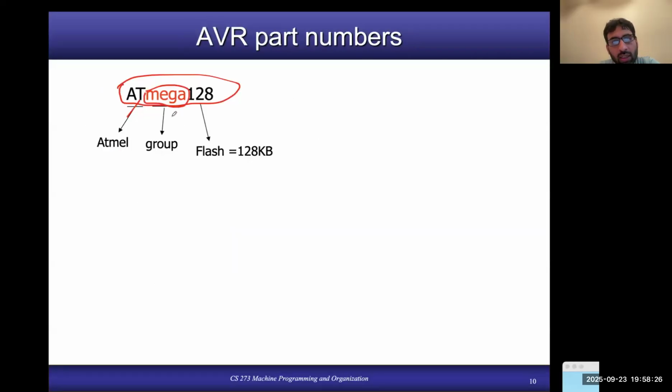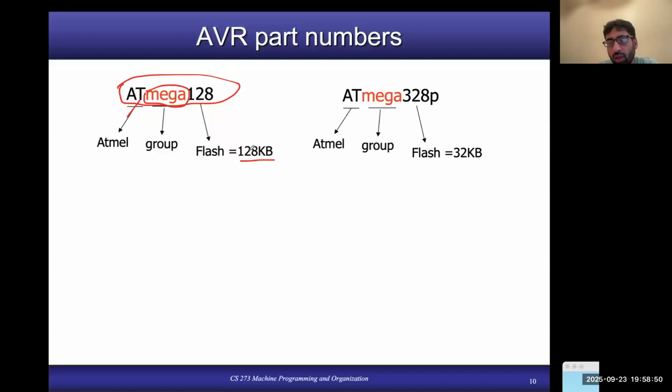So here it tells us this chip falls in the Mega group. Then, when you read the number from left to right and come across a number which is a power of 2, it tells you the size of the flash or program memory. So it tells us here that this particular chip has 128 kilobytes of program memory.